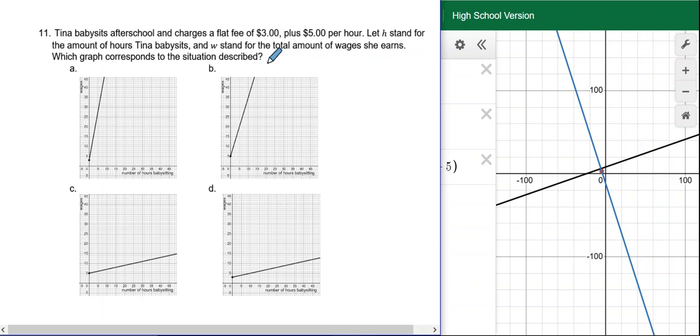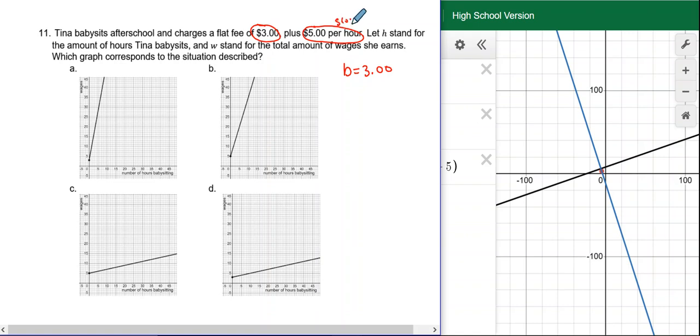Which graph corresponds to the situation described? All right, so it looks like Tina starts with a flat rate of $3. So this actually will end up being your y-intercept. So you have your starting flat fee at 3, and then this right here is your slope, is per hour. So depending on how many hours Tina is babysitting, this is your slope.